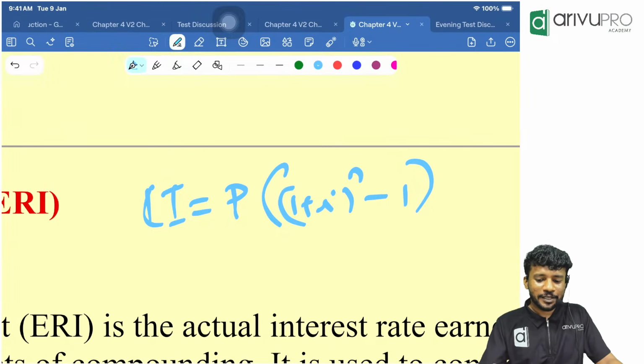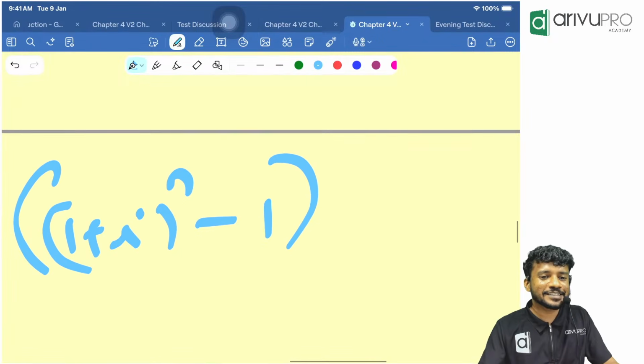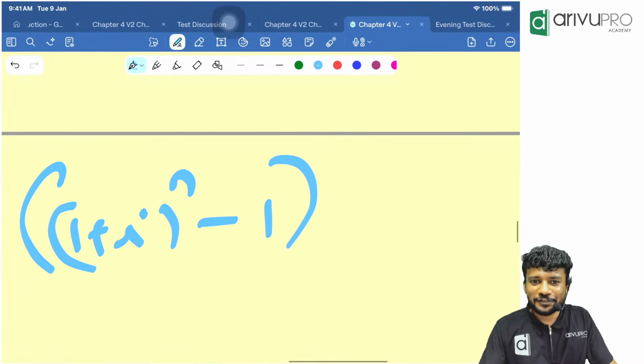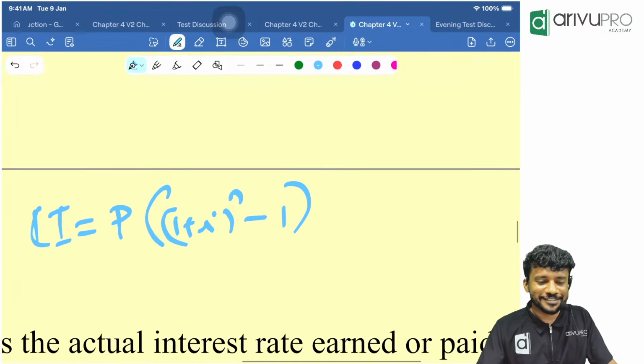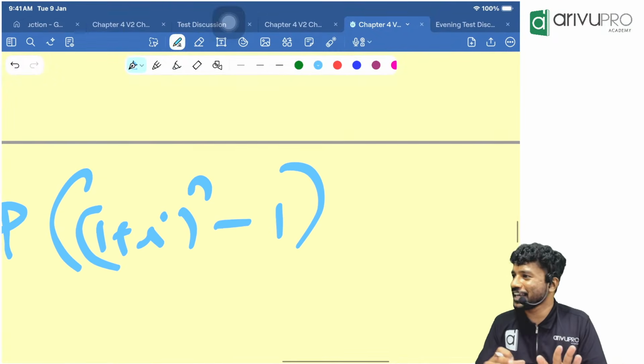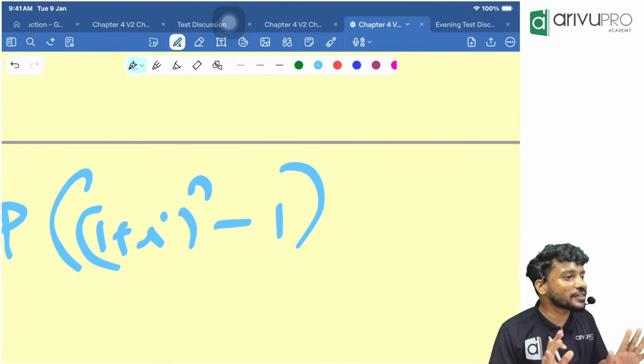Then I told you, if I zoom out, it is compound interest. If I zoom in, this is the formula for effective rate of interest. So whatever value is inside there is the effective rate of interest.